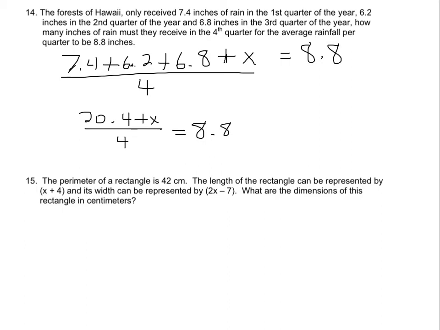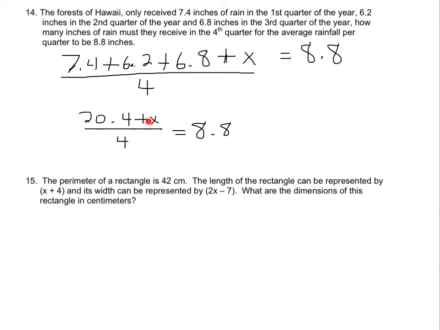All right. So on the previous page, we always started by adding the opposite, and then we did the multiplying or dividing for the last step. But as I look at this problem, we have two things in the numerator, so I can't just take that 20.4 and move it over here, right? Because really we'd have to divide for each piece and then move it.